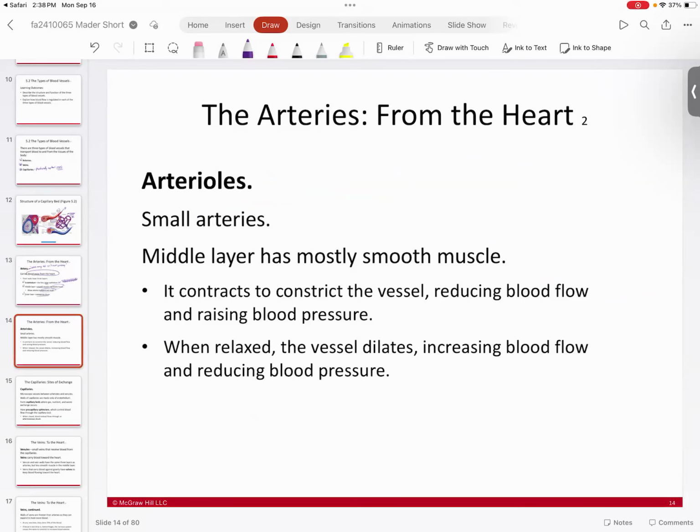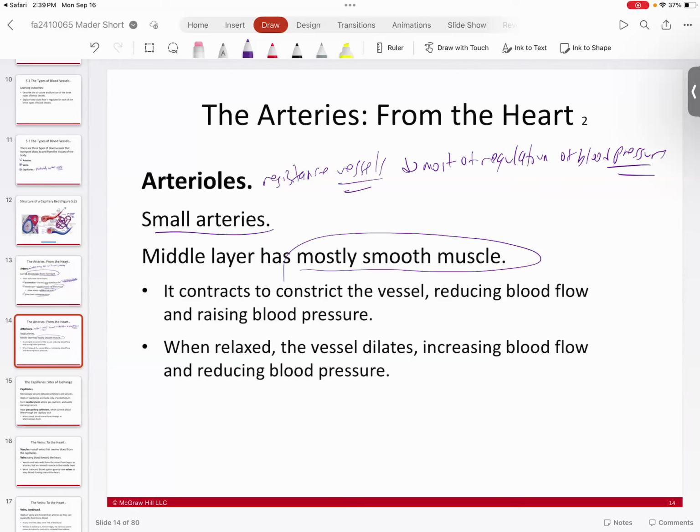Then we have the arterioles. These are smaller. These are what's called the resistance vessels. Why? Because they do most of the regulation of blood pressure. So it's mostly a very thin amount of smooth muscle, not a lot of extra connective tissue on the outside.